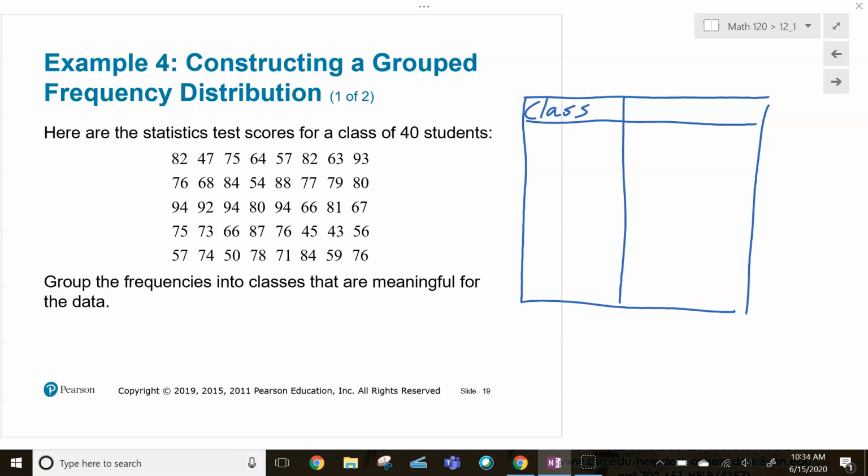Since these are grades, my lowest here looks like a 47, 45. So we're going to go 40 to 49, right? We'll do it by 10. Anything 50 to 59. And then we'll write the frequency of that.